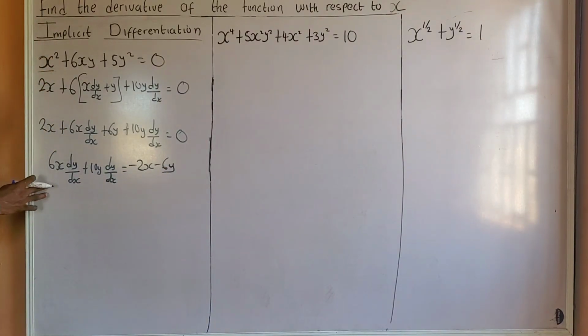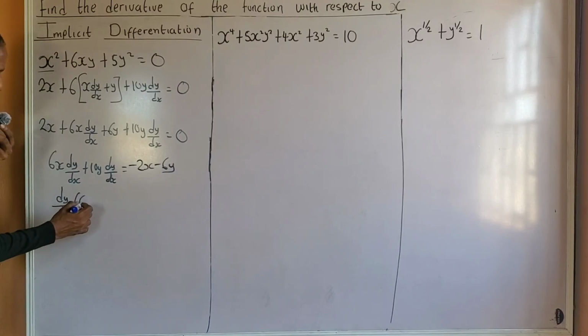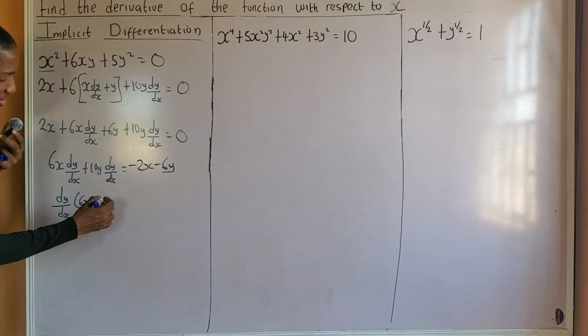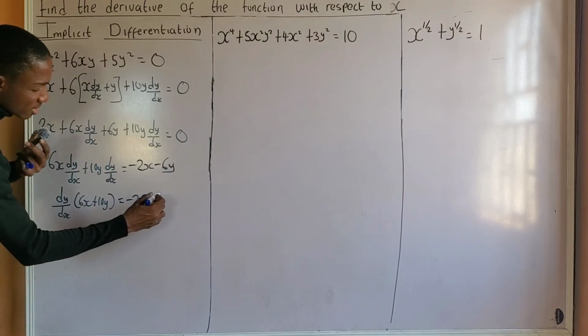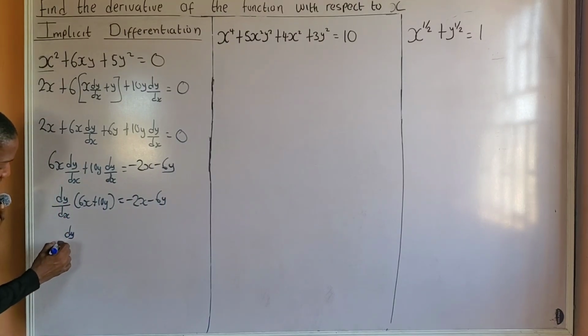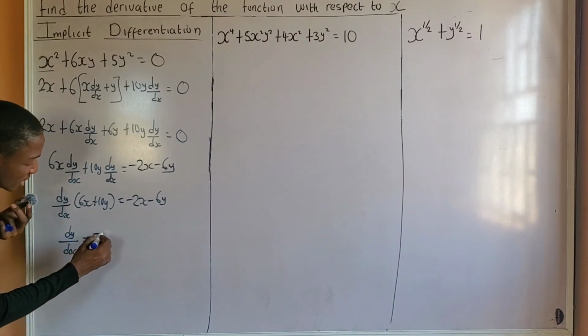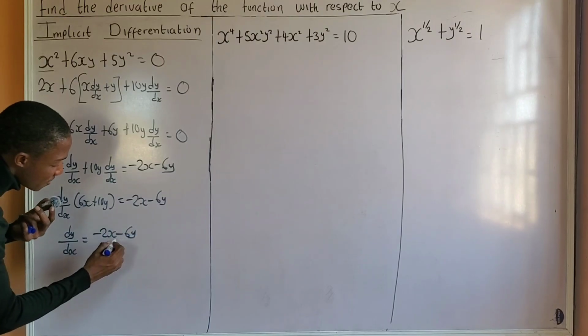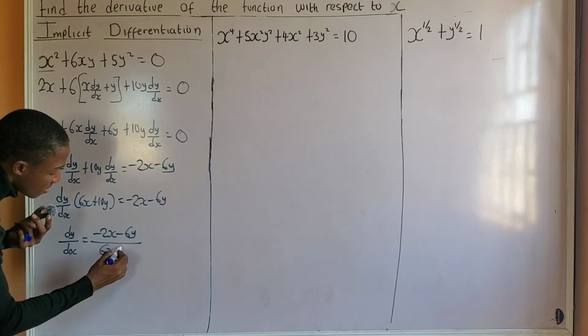Okay, having got to this point, the next step is that you have to factorize dy dx. So I'm going to have dy all over dx multiplied by 6x plus 10y equals to negative 2x negative 6y. Okay, divide both sides by 6x plus 10y.